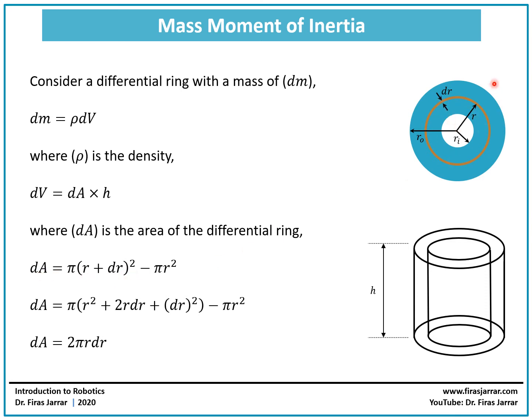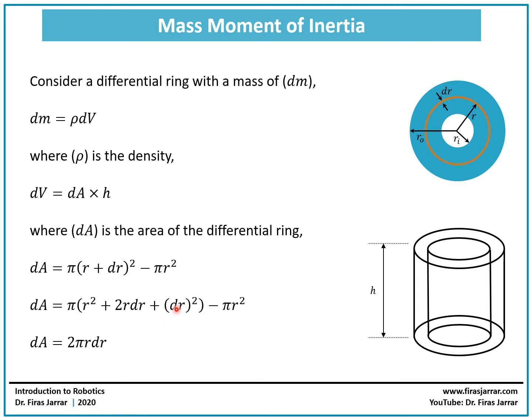So the area of this ring is simply the difference between the area of two circles, one with the outer radius and one with the inner radius of the ring. If you expand the terms, this is going to be pi times r squared plus 2r dr plus dr squared, minus pi r squared. And you can see that the pi r squared term will cancel out with this one here.